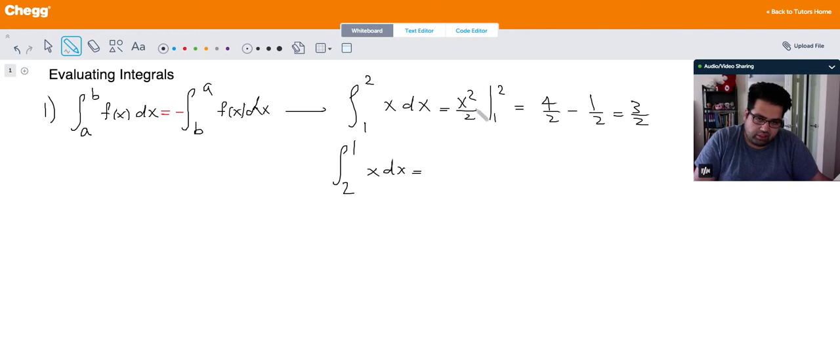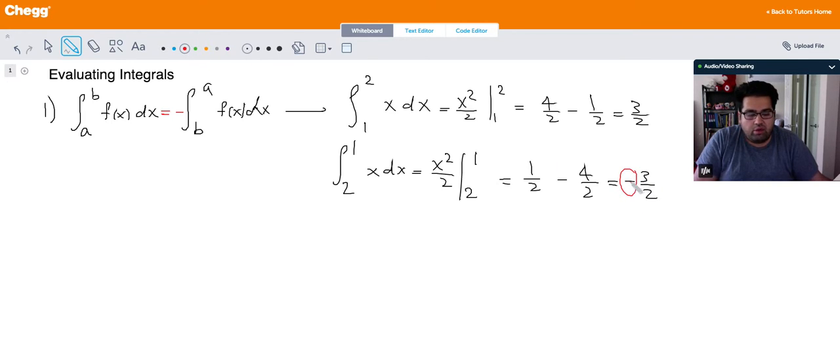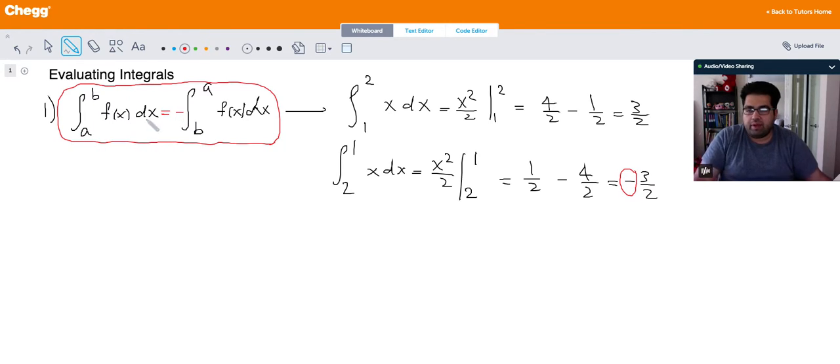The result of the antiderivative is the same, but it's evaluated from 2 to 1, so you are changing the order of the subtraction. You have 1 over 2 minus 4 over 2, which is negative 3 over 2. This negative comes from switching the limits of integration. So the first property is: when you switch the lower and upper limits, you multiply by an extra negative.